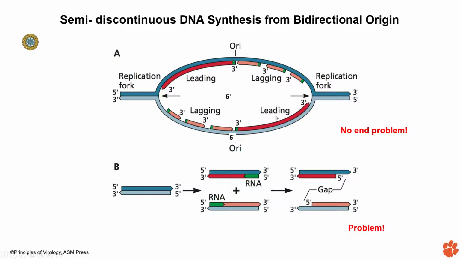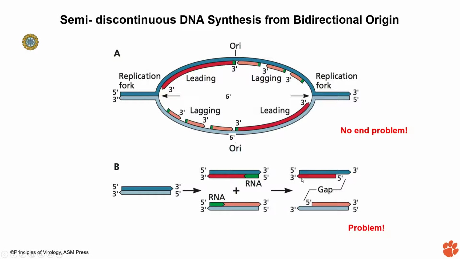But when you are doing this, there is always a problem that we call in DNA replication the end problem. At the very end, if you have a double-stranded DNA, you put down a primer, and that primer will be removed. How you make up that gap, that's the problem. Here, there is no problem with that because they are covalently joined end to end.